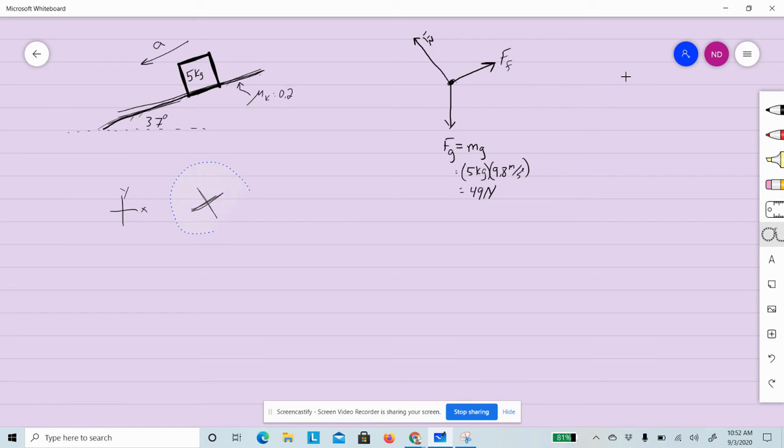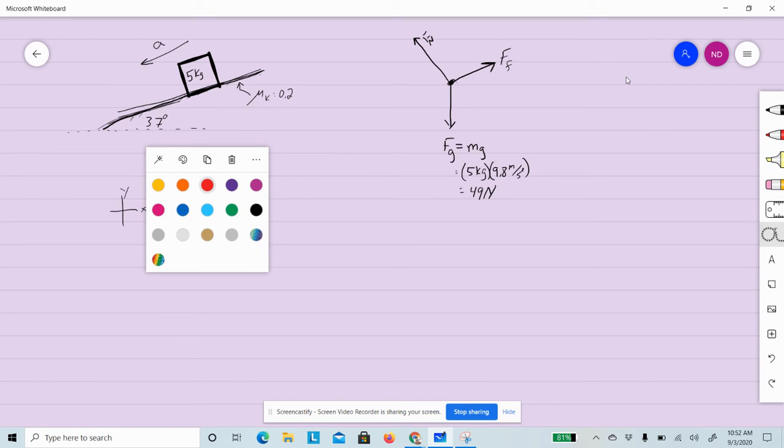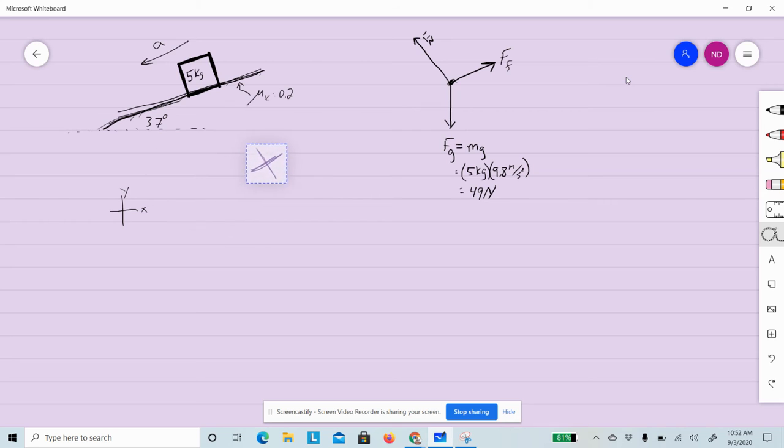Because if we make our x-axis and y-axis like that, let's see if we can make these different colors here. Like so. And we take them and put them here. Well, now our friction force is in our x-axis, our normal force is in our y-axis. The only force that doesn't match up is the force of gravity. That's really very useful.